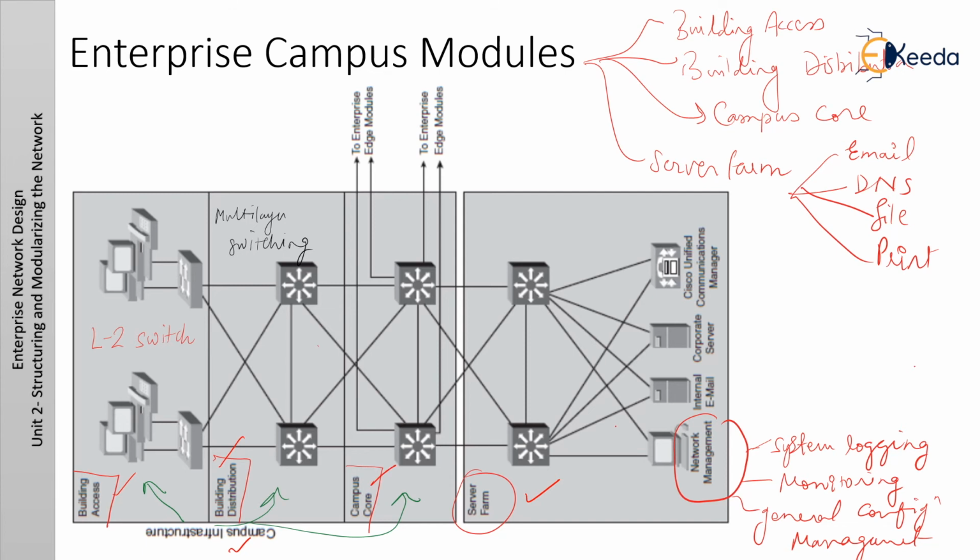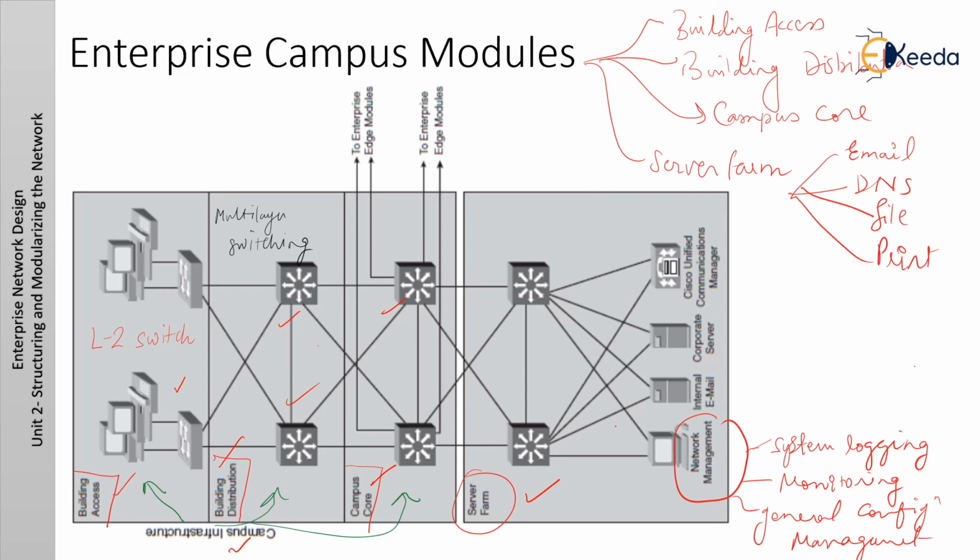These are multi-layer switches associated with the building distribution and campus core modules, and they are interconnected thoroughly. Then there are layer 2 switches connected in the building access layer, and the output goes to the enterprise edge module.